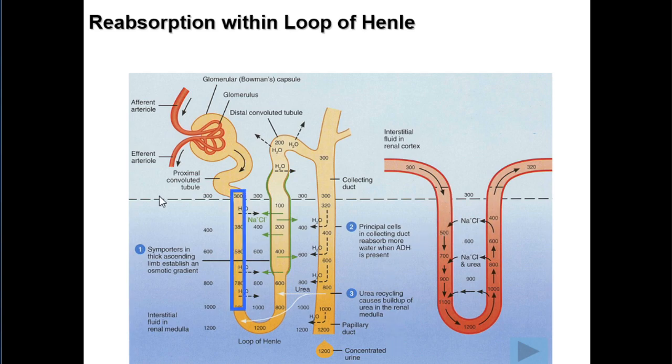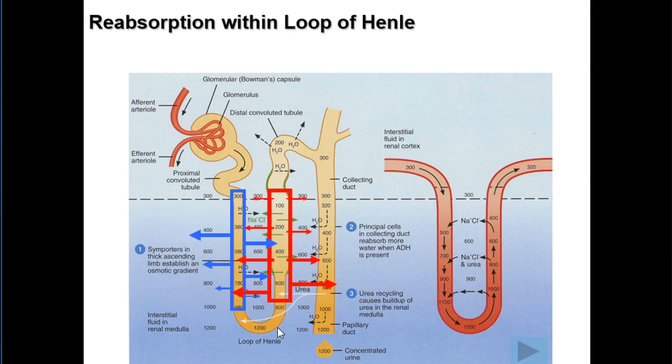Once again, the descending limb of loop of Henle is permeable to water, which will be reabsorbed, and ascending limb is permeable to sodium chloride. So isotonic urine enters the descending limb, and since the osmotic gradient increases, water will be reabsorbed.